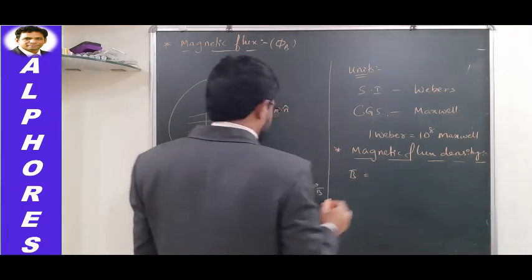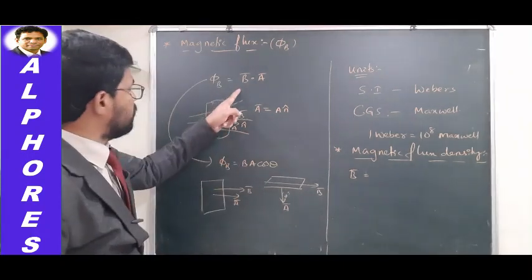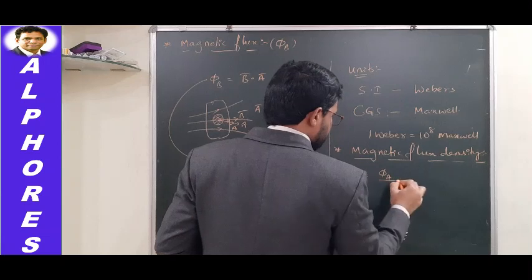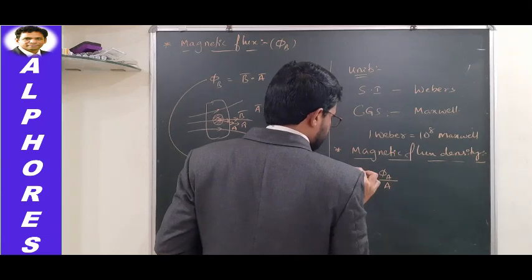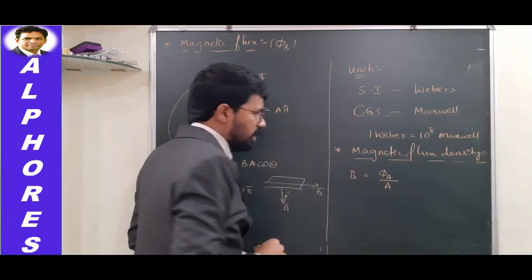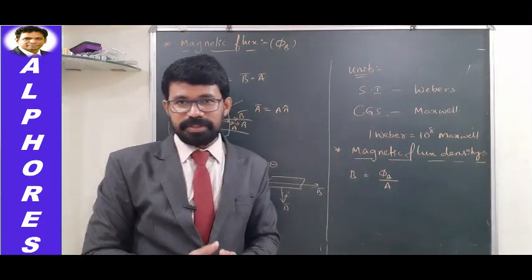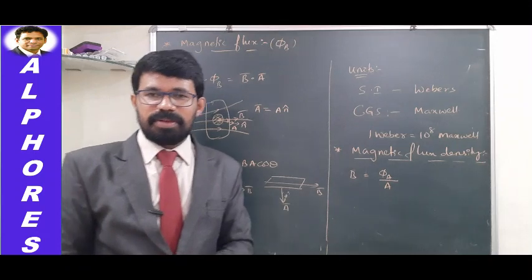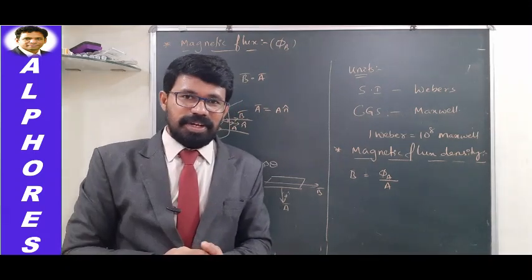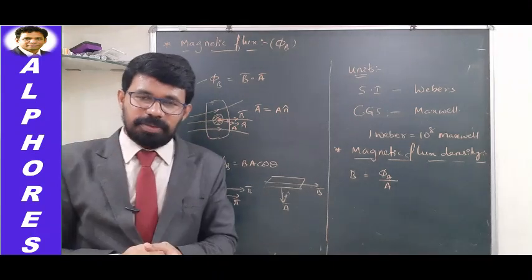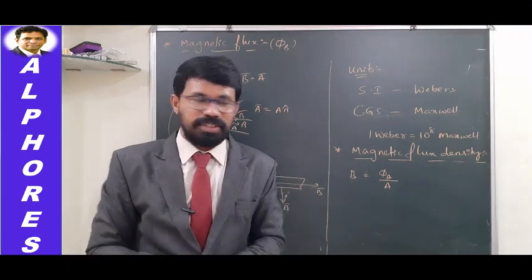From this equation, it can be written that the magnitude B is phi B by A, flux per unit area. I'm talking about magnetic flux density, and flux is something that is connected with the surface, right? So how much flux is present per unit area? That's nothing but magnetic flux density.